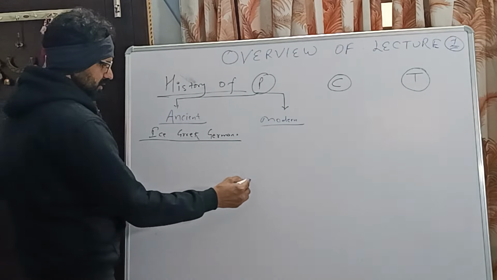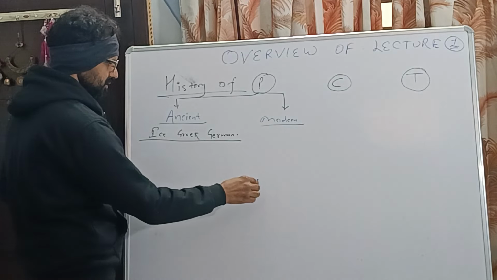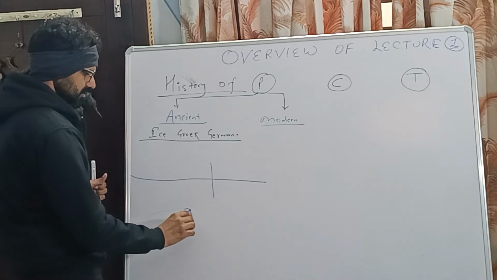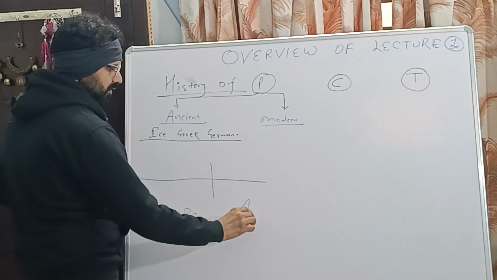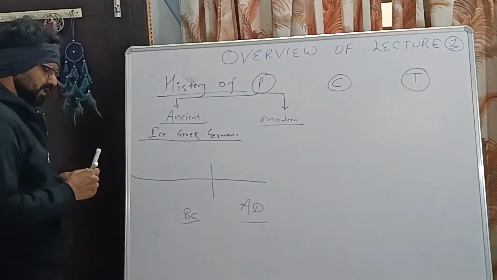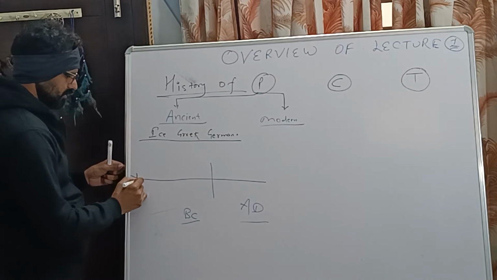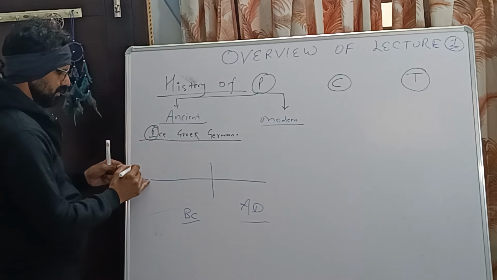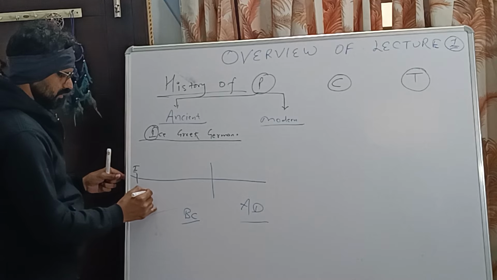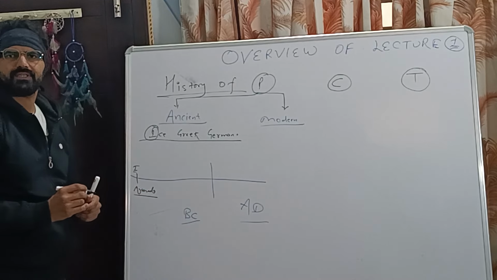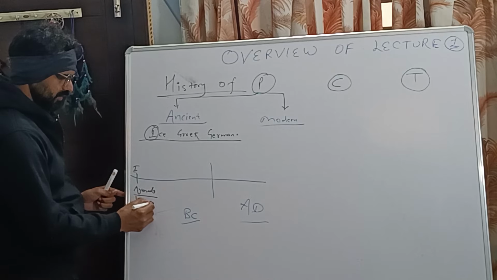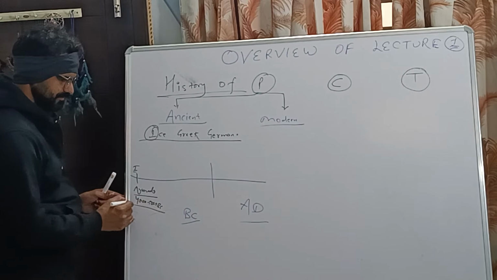If we divide the period of ancient history into 2 parts, that is BC or AD, then we can put first I for India, that is your Ayurveda, around 4000 to 5000 BC.